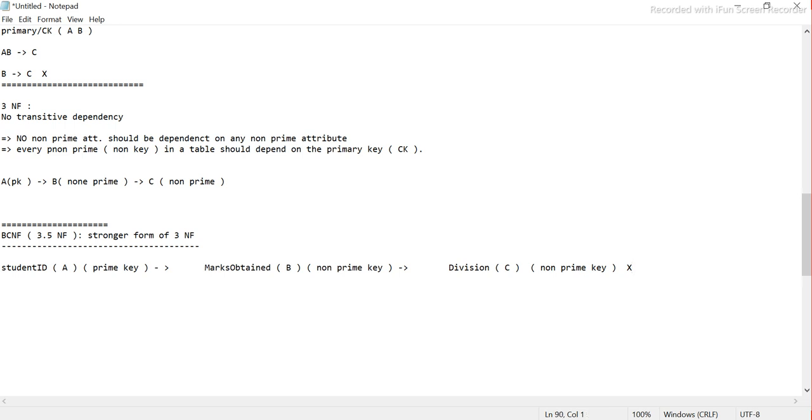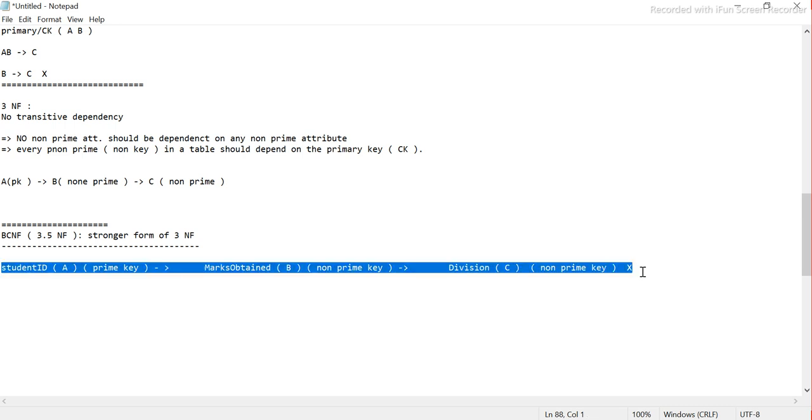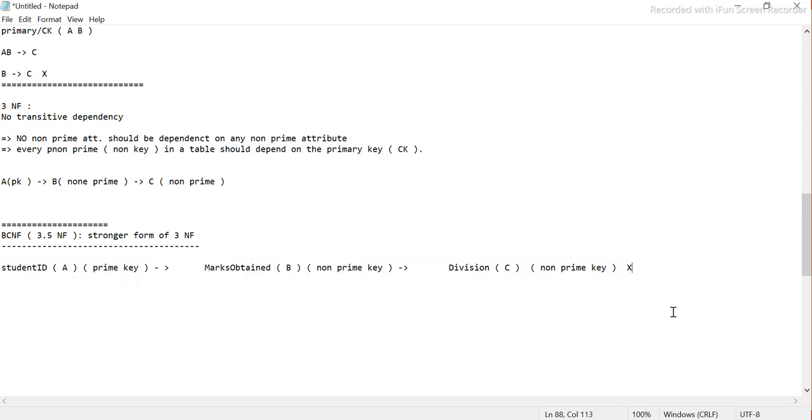Now, why do we need BCNF, guys, where we are trying to put stricter rules, right? In this case, let me try to put something like this. Let's say this is a prime column. Just imagine that.